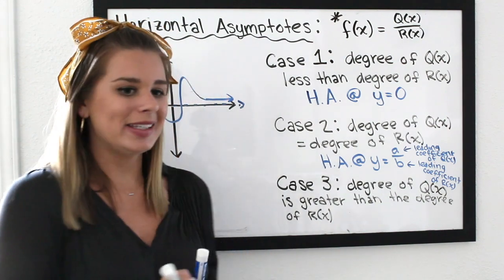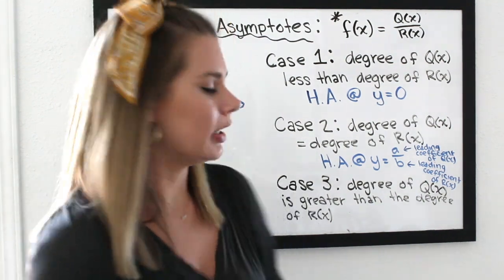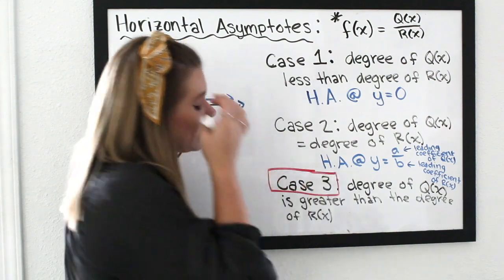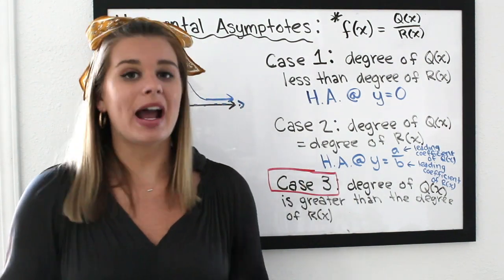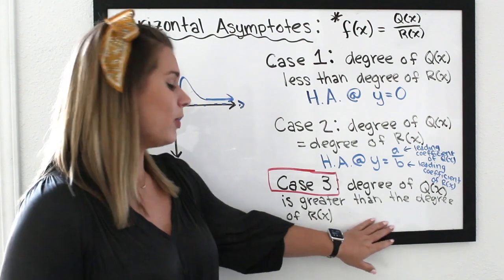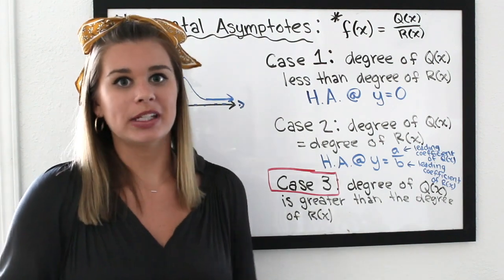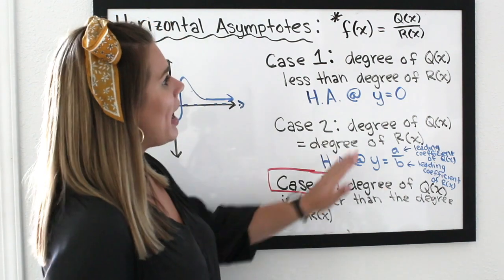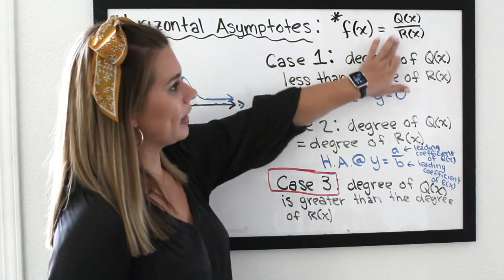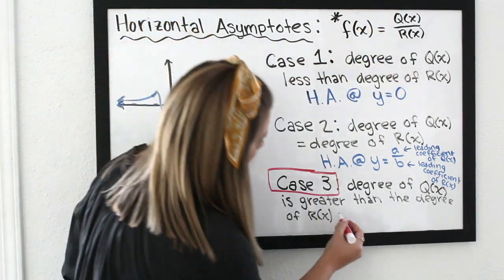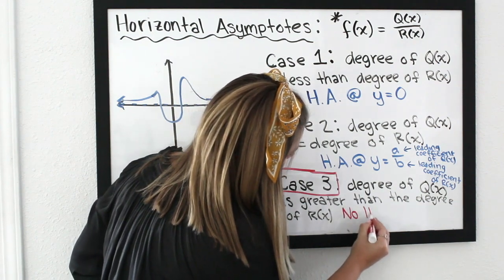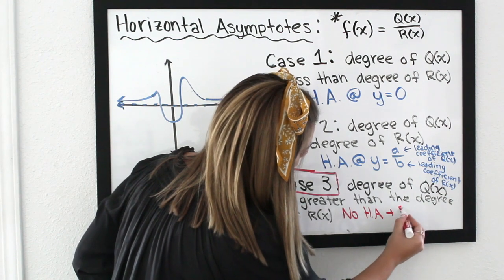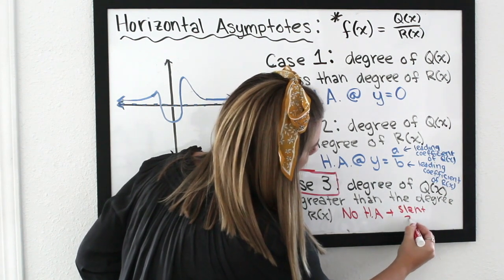Well, in this case, there is no horizontal asymptote. Actually, there is what we call a slant asymptote. And you can find the equation of the slant asymptote by dividing the numerator by the denominator. So this is no horizontal asymptote, but there is a slant asymptote.